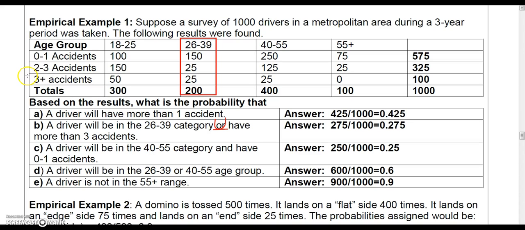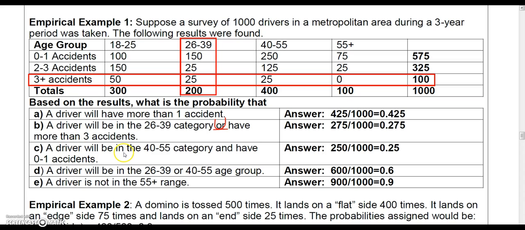More than 3 accidents. So that would be this group. And so what you would do is add the number in this group, which is 200, and then add the number in this group, which is 100, and then subtract 25 so that you don't include it twice. So 200 plus 100 minus 25 is 275. So there's 275 in this category, and so the probability would be 275 out of 1,000.